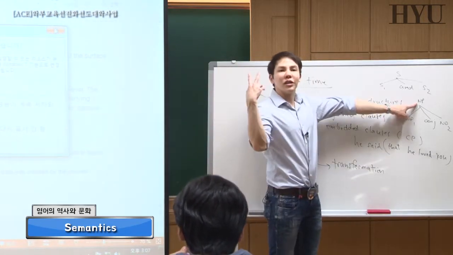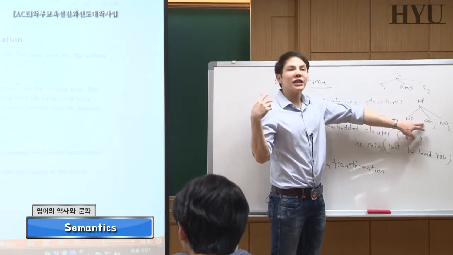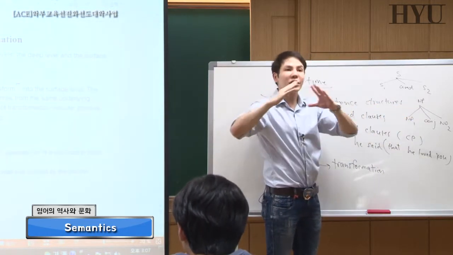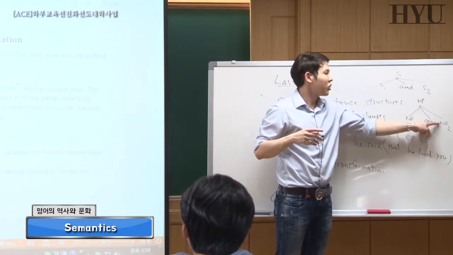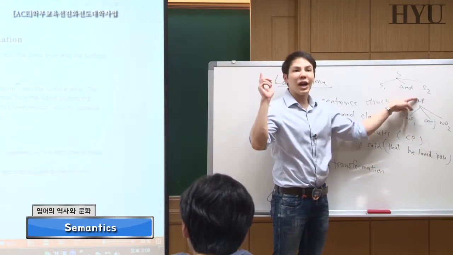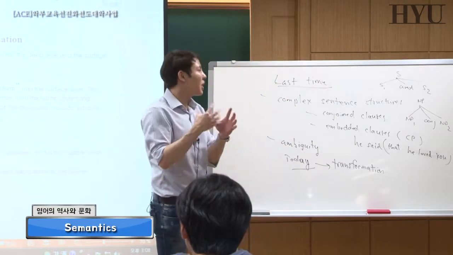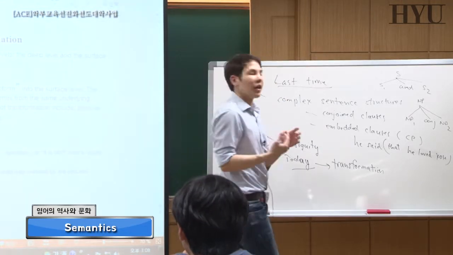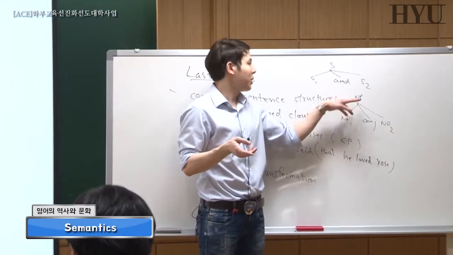If you join 2 NPs, you use a conjunction. So you have 2 branches, 2 NPs, right? NP1, NP2, conjoined using conjunction like that. And you make the same category. Remember, when you conjoin things, you make a bigger thing of the same category. Meaning if you conjoin 2 NPs, the result will be an NP.